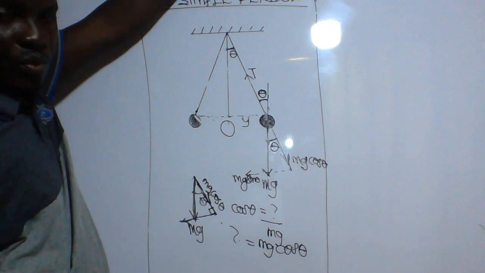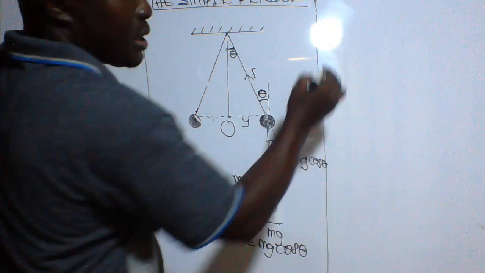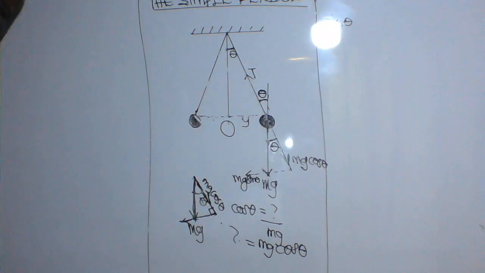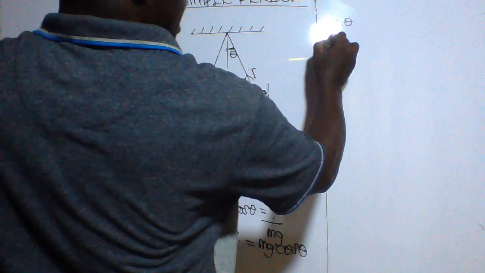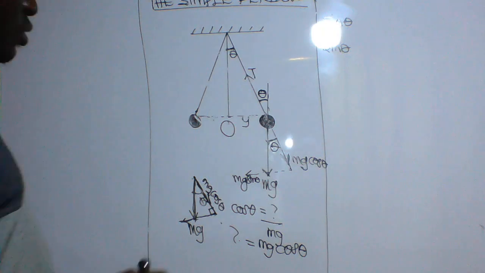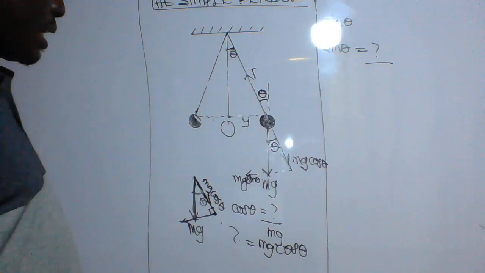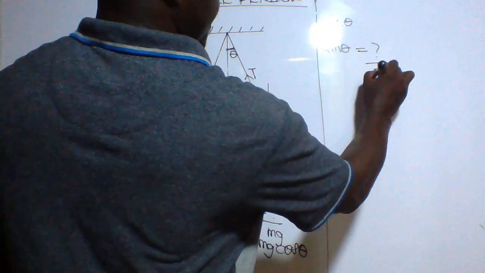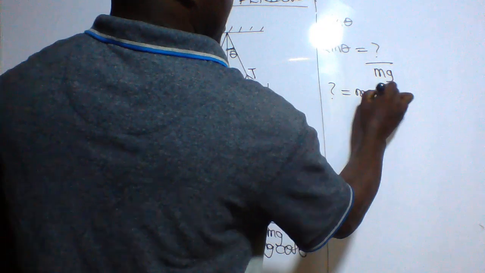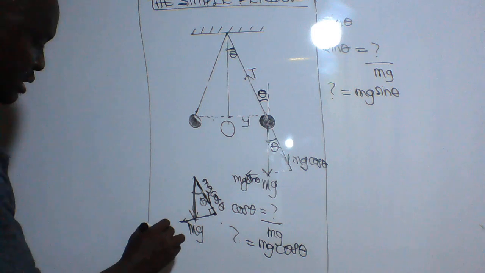Now the opposite component can be determined using the sine of the angle theta. Sine theta is equal to the opposite unknown divided by the hypotenuse, which is mg. Therefore, the unknown is equal to mg sine theta, which is this component.